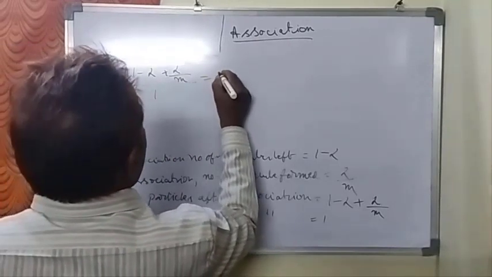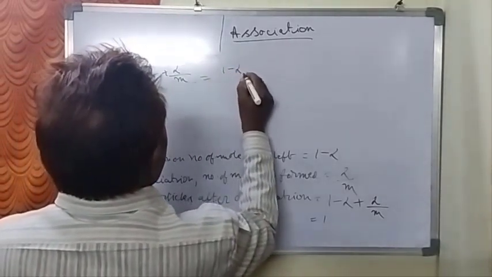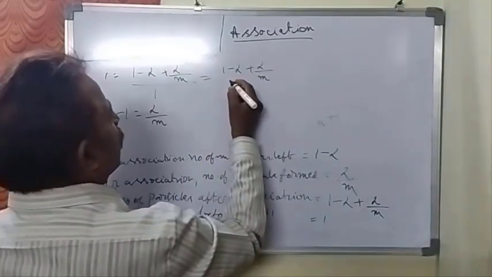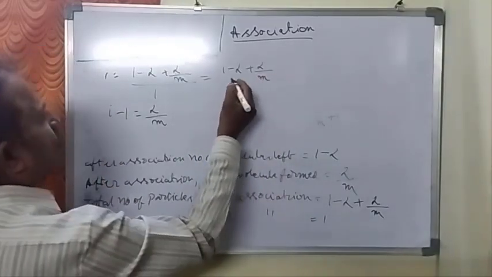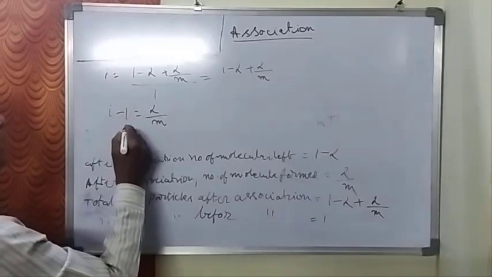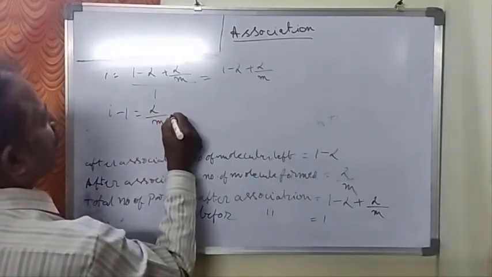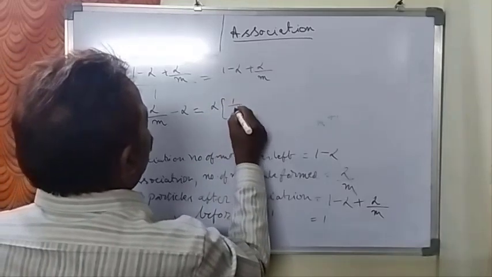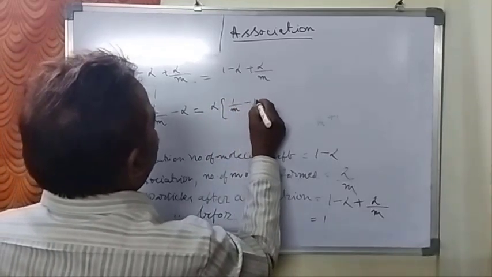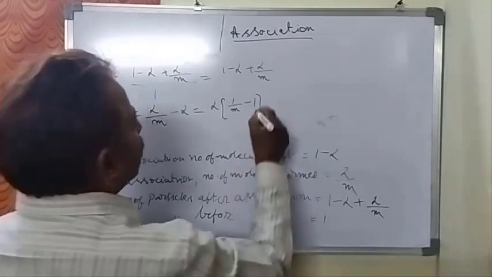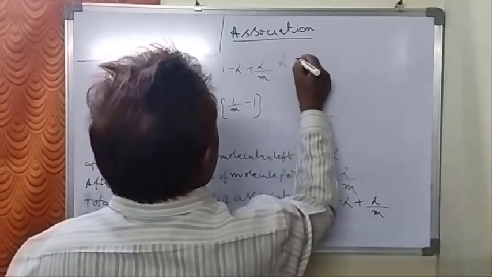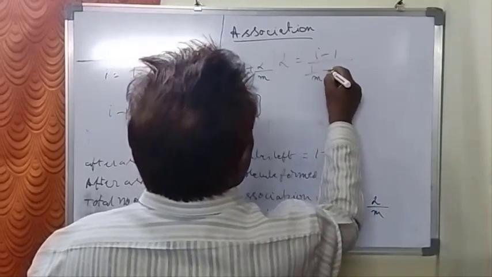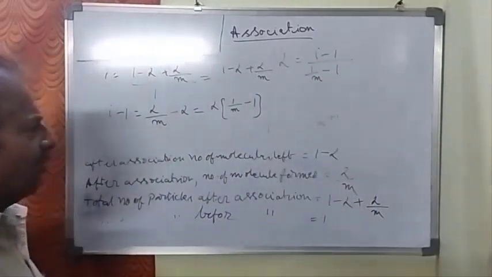So this is nothing but 1 minus alpha plus alpha by m. Now bring this 1 to this side. i minus 1 equals alpha by m minus alpha, and taking alpha as common factor, 1 by m minus 1. Therefore alpha equals i minus 1 by 1 by m minus 1.